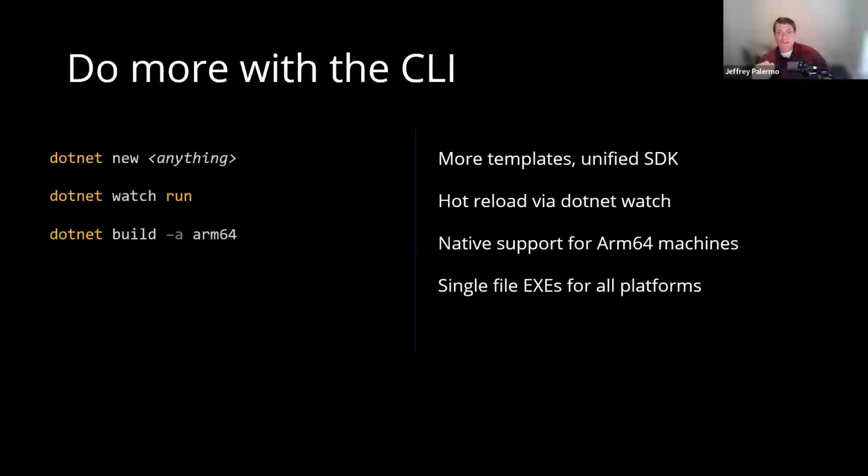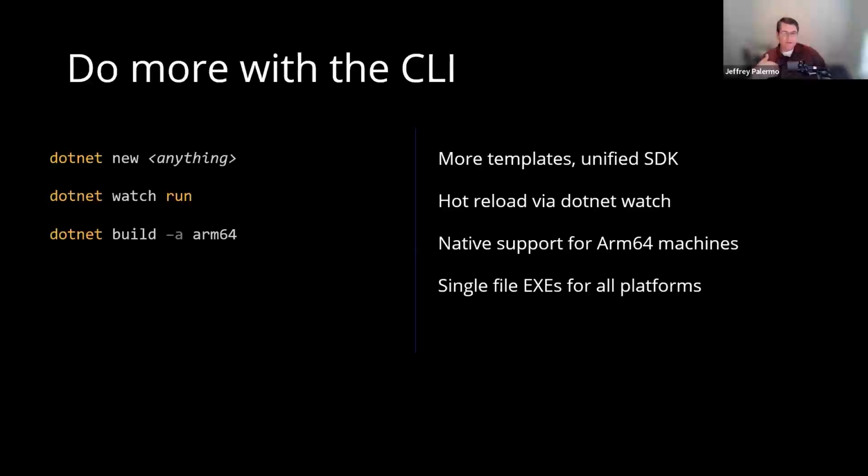NET 6 fixes that. Now you can write Windows applications, command line applications, system tray, WPF applications, and you can distribute those however you like as a single EXE, and they will run from that directory. So it is fully seamless now.